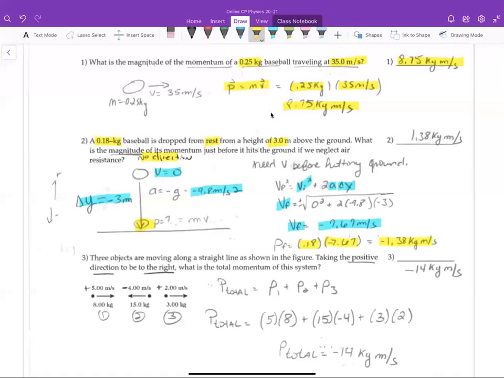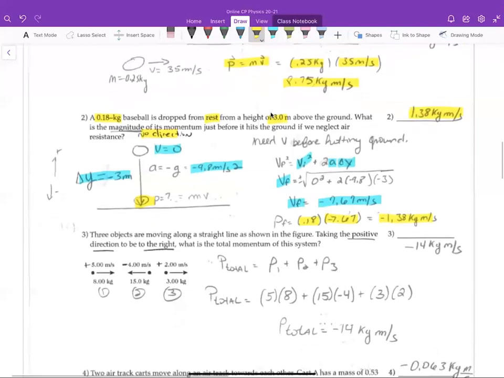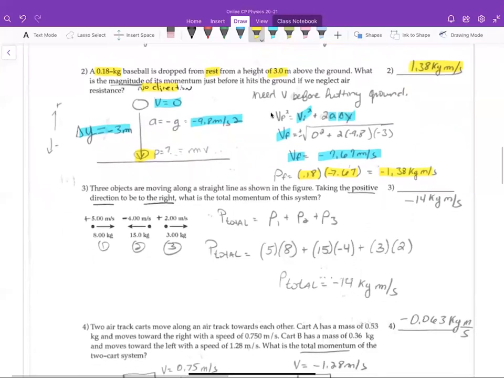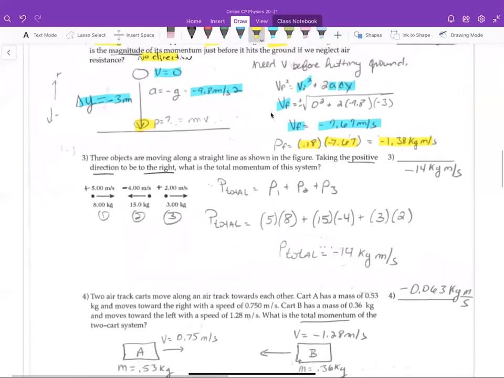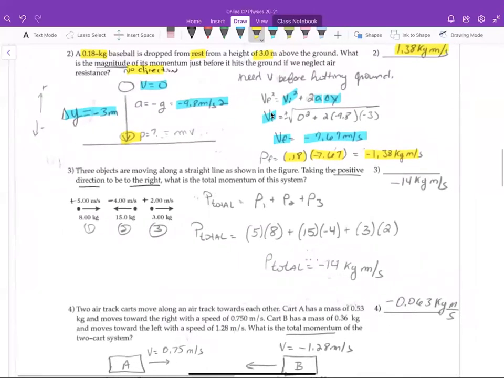It wanted to know the magnitude, didn't ask for direction, which is why there is no negative sign in my answer. I have 3 objects moving along in a straight line as shown in the figure, taking positive to the right, and that means to the left is negative. They want to know the total momentum of the system. Well, what is the total momentum of the system?